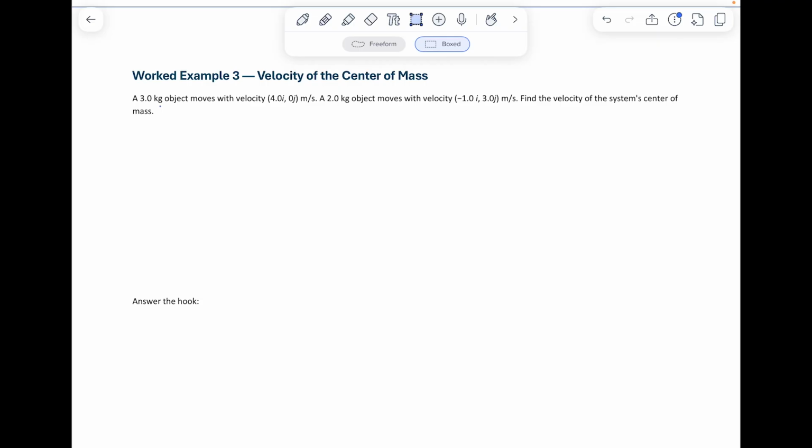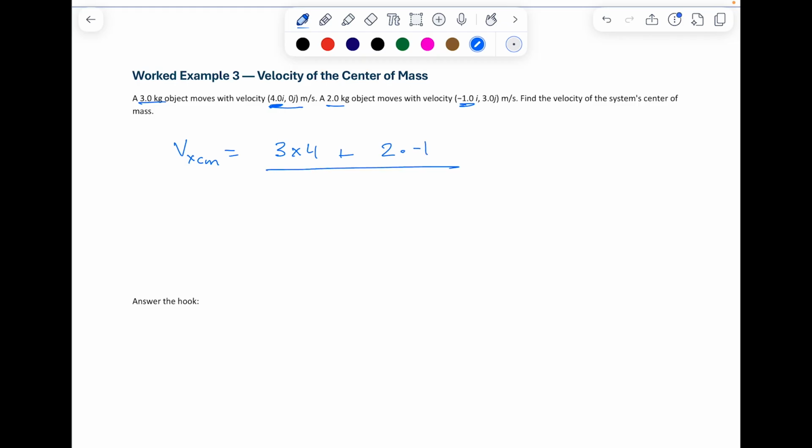Now let's switch to a velocity problem right here. We've got a 3 kilogram object that moves with a particular velocity of 4 i-hat. So instead of saying just x center of mass, this is vx center of mass. And it's really the same equation. It'll be 3 kilogram times 4 meters per second, plus 2 kilogram times -1, over our total mass, which would be 3 plus 2, or 5, and that comes out to 2 meters per second.